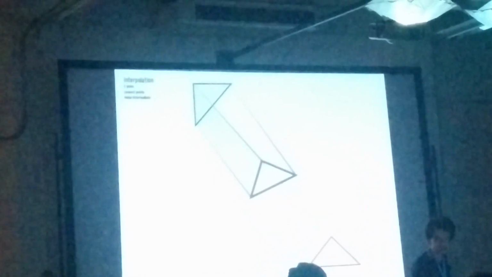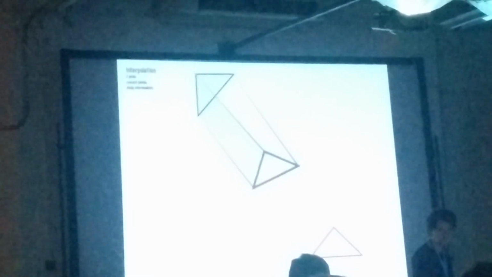You have two shapes, you draw them on paper, you connect the points, you make, for instance, half of the length, and in the middle you connect the points again. That's what interpolation does. Of course, it looks much more interesting if you have a more complex shape like an A here.